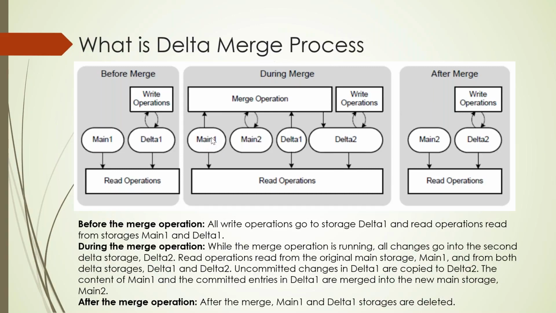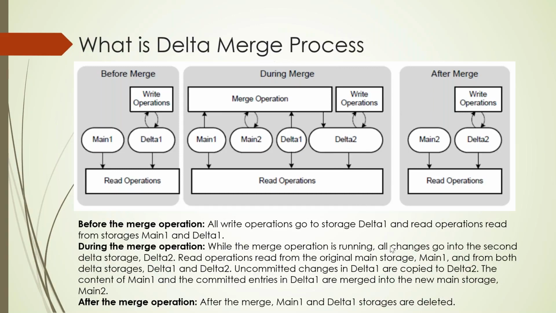The delta one contains the committed and uncommitted data. All the committed data will merge into main two, and all the uncommitted data from delta one will merge into delta two. All the new write operations during the merge will go into delta two. All the read operations will be performed from main one, delta one and delta two.